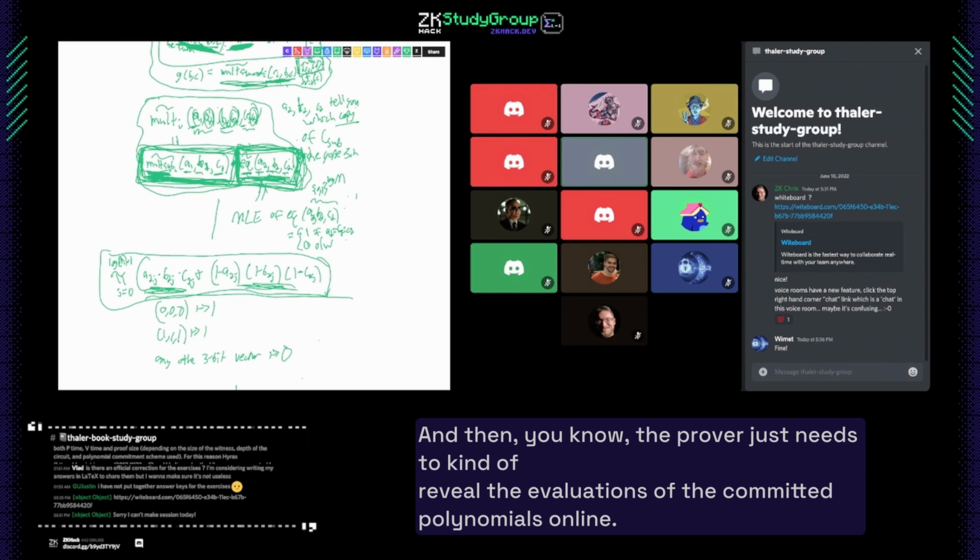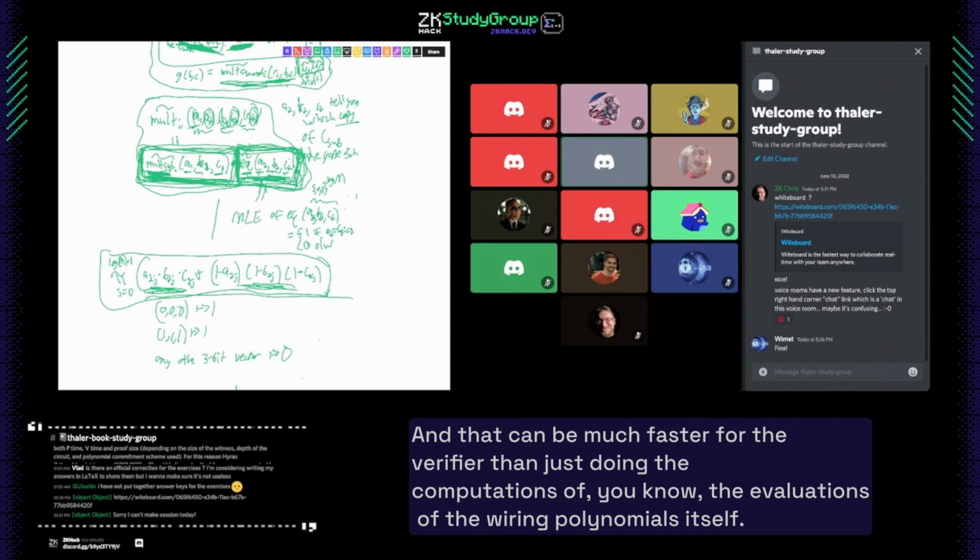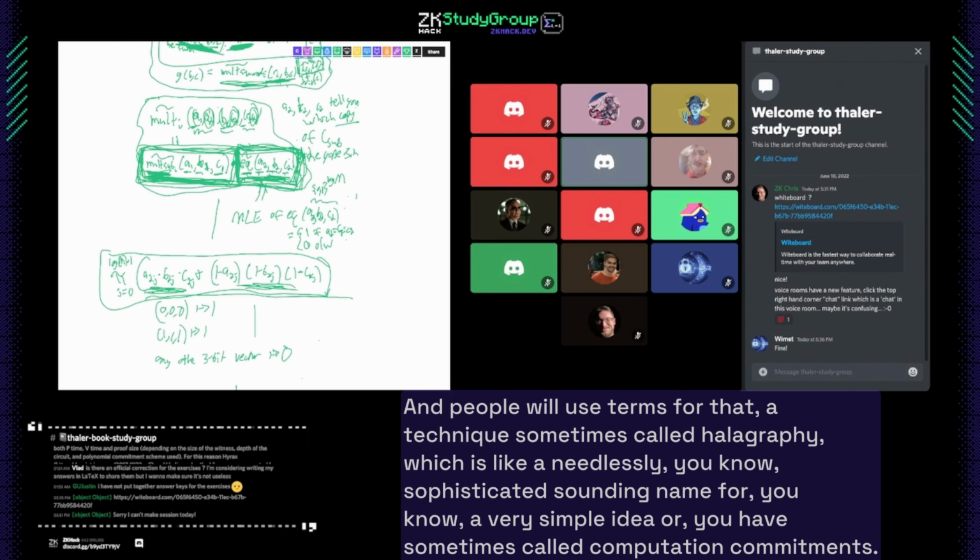Then the prover just needs to reveal the evaluations of the committed polynomials online, and that can be much faster for the verifier than computing the evaluations of the wiring polynomials itself. People use terms for that technique. They'll sometimes call it holography, which is a needlessly sophisticated-sounding name for a very simple idea, or they'll sometimes call it computation commitments.